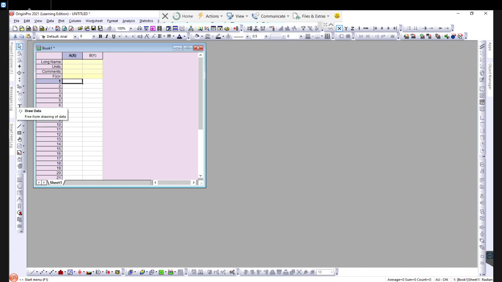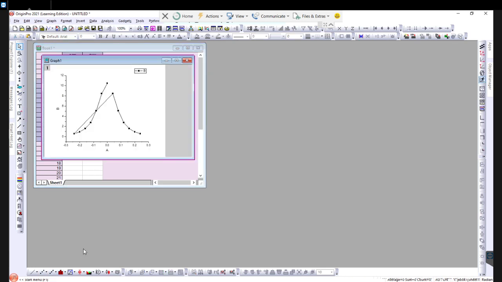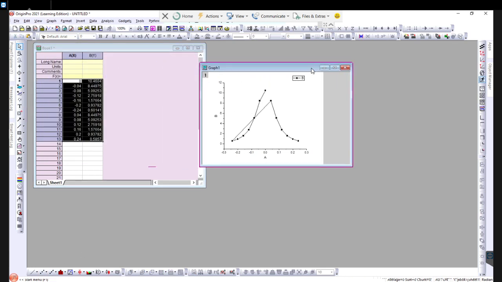Okay, let me go again. So these are the values. So if we plot it, it is something like that. So we have to adjust all these things.